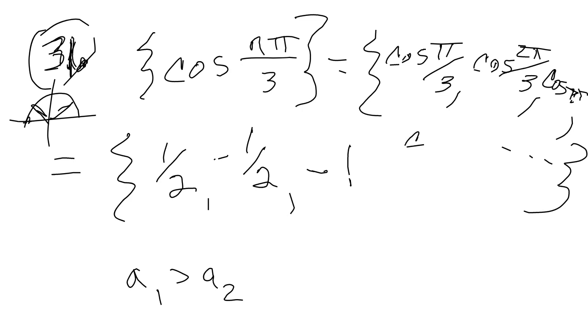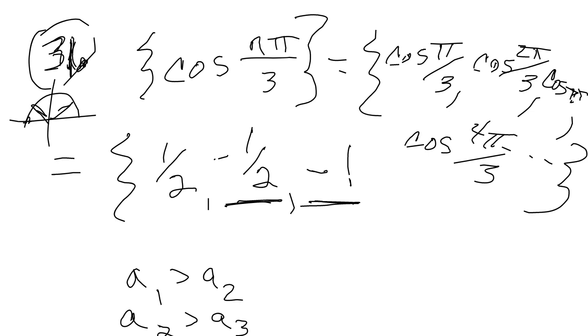Cosine can never be less than -1. We do have that A2 is also greater than A3, but can that keep happening here? I don't think so, because cosine can't be less than -1.